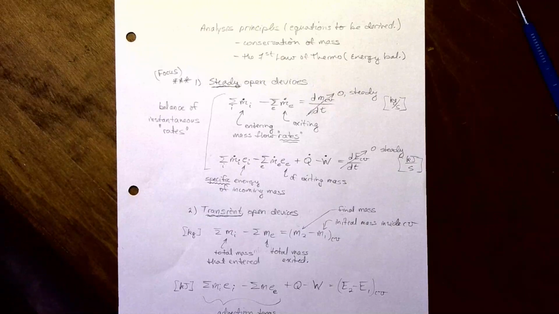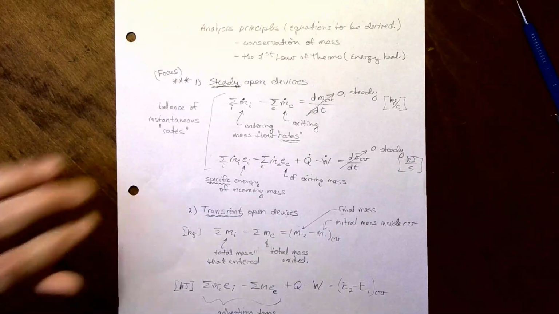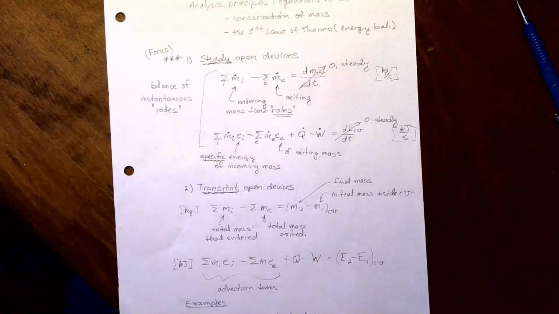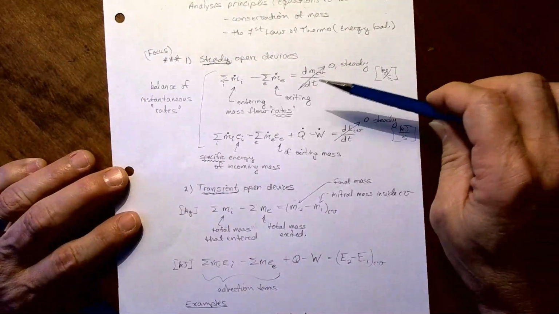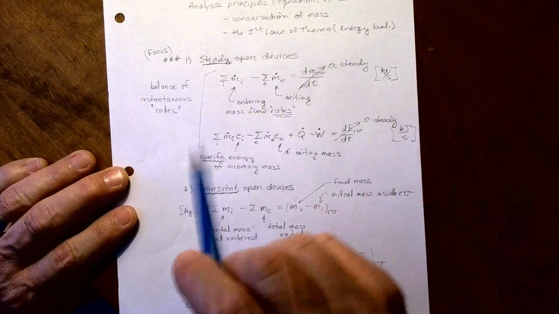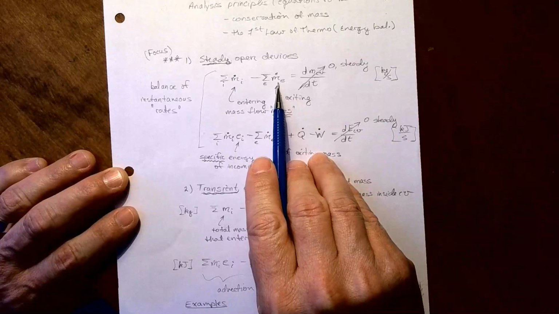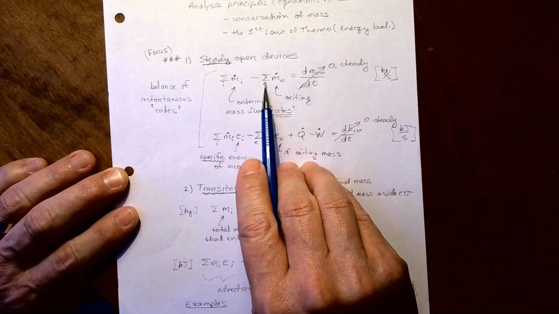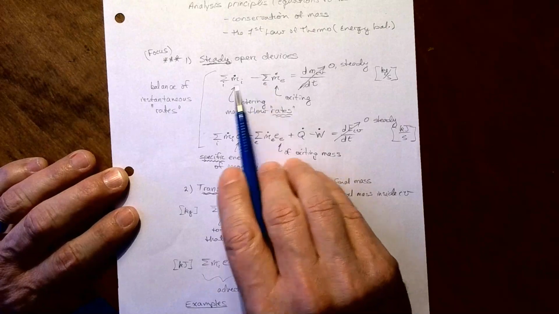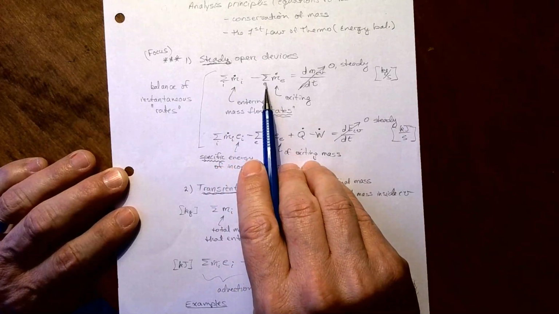So for the first category of devices, steady open devices, when things are happening steadily, our conservation of mass principle is going to look like this. The rate at which mass enters the control volume minus the rate at which it leaves. These little summations here just indicate that we could have many ports where stuff comes in, many ports where stuff goes out.